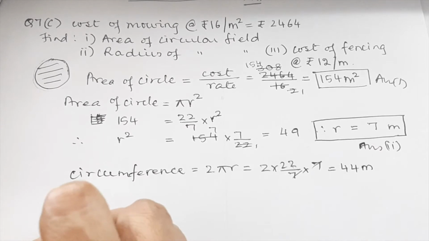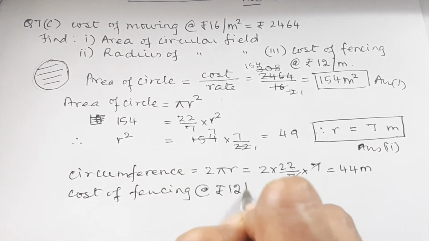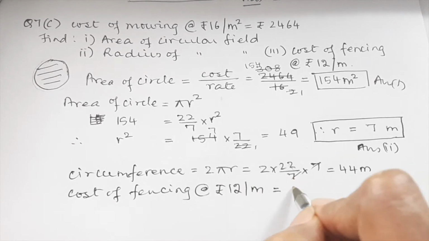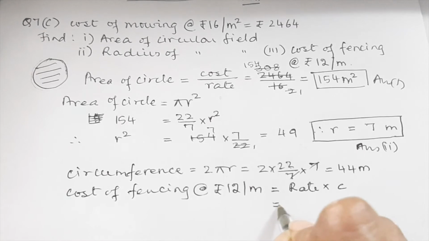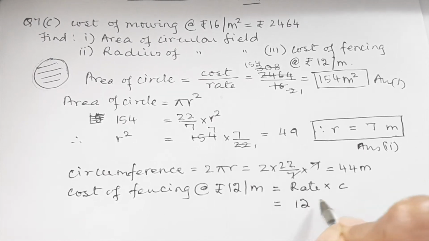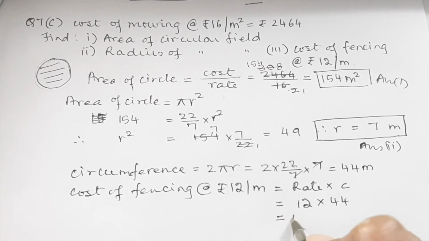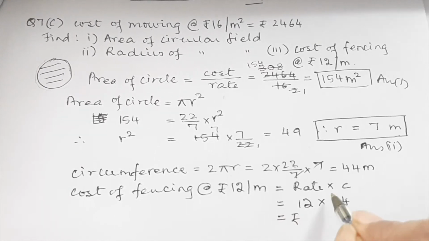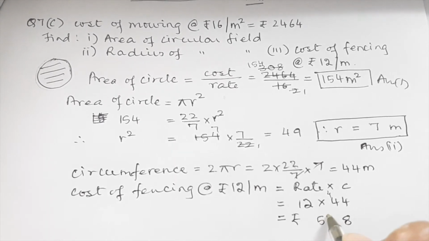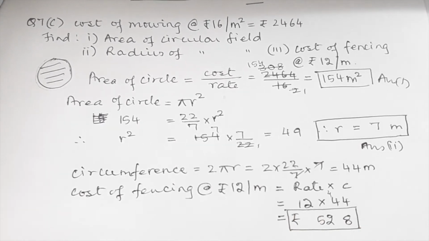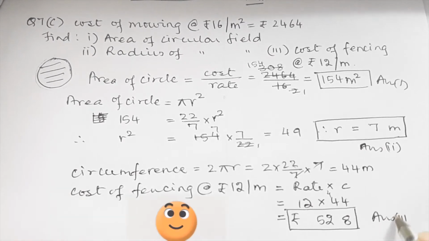And so the cost of fencing at the rate of rupees 12 per meter will be equal to rate multiplied by the circumference. That will be equal to 12 multiplied by 44. It comes out to be 528 rupees, and that is our answer 3.